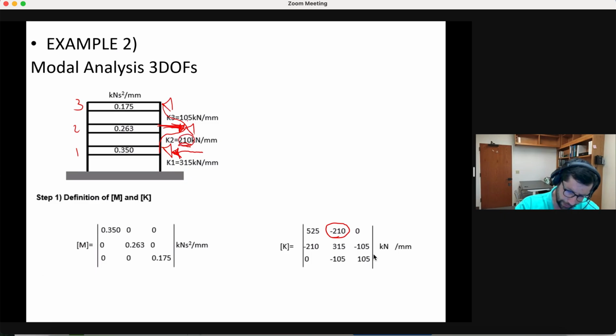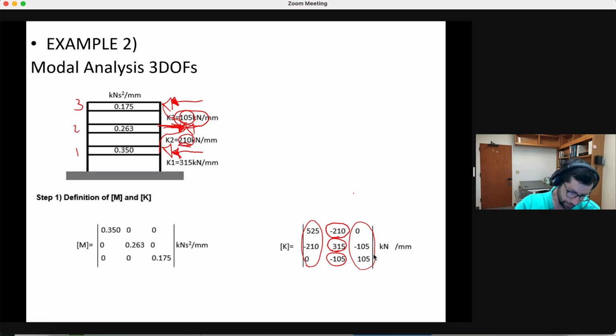It's 210 plus 105, which is 315. How about at the roof level? At the roof level, the reaction must be pointing in the negative direction. How big is this reaction? It's minus 105, which is written here. In the same way, you could be obtaining the first column and the third column.